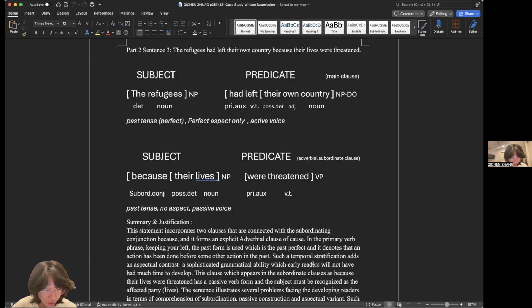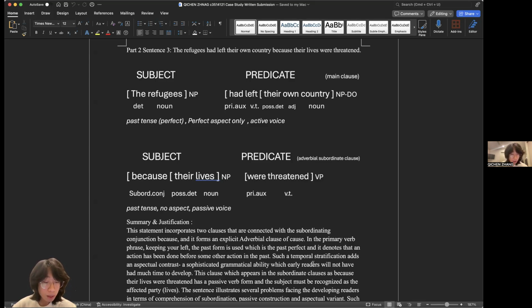The sentence illustrates several problems facing developing readers in terms of comprehension of subordinate passive construction and aspectual variation. Such morphology, including both perfect and passive, requires a high level of parsing and understanding.